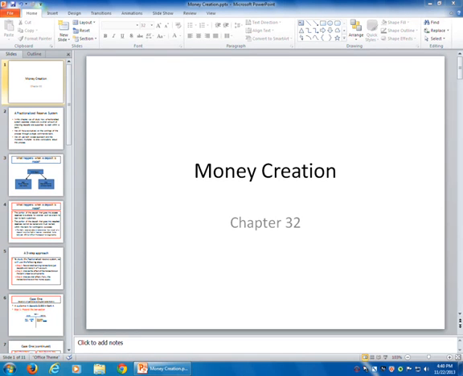Alright, so what we're going to look at in chapter 32 is the process by which, through bank lending activity, banks or lending institutions essentially create money.